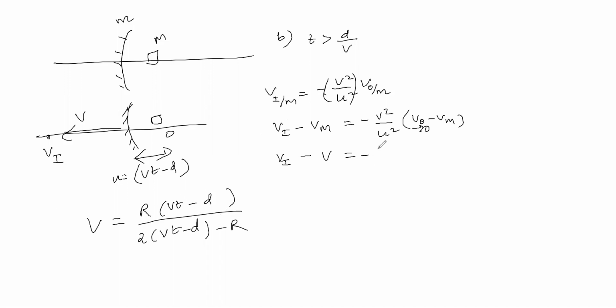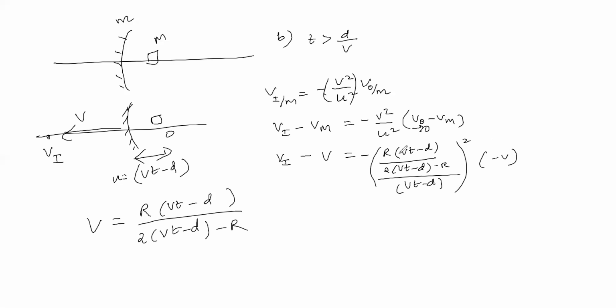By substituting, we get v as r into vt minus d divided by 2 into vt minus d minus r, and the whole divided by u. U is vt minus d. We get this whole squared, v square by u square. And v naught is 0. This minus vm, where vm is the velocity of the mirror, is minus v directly.